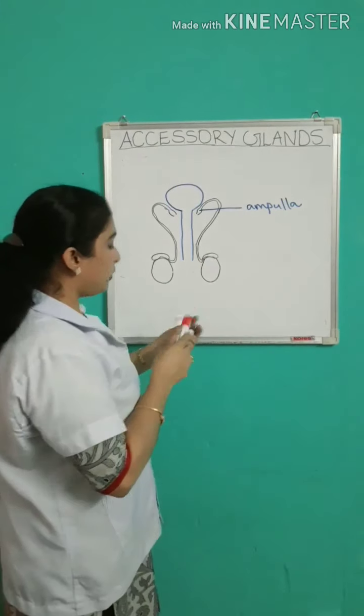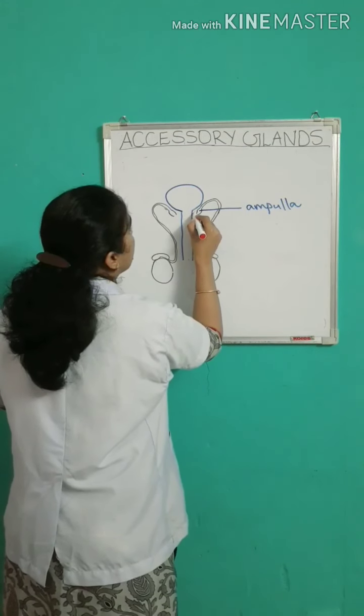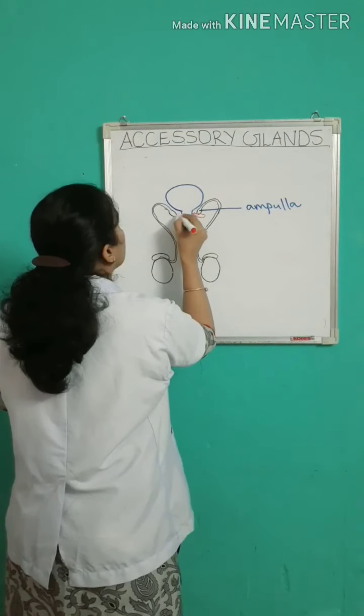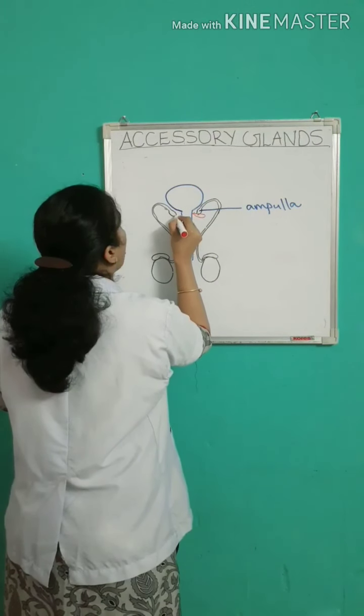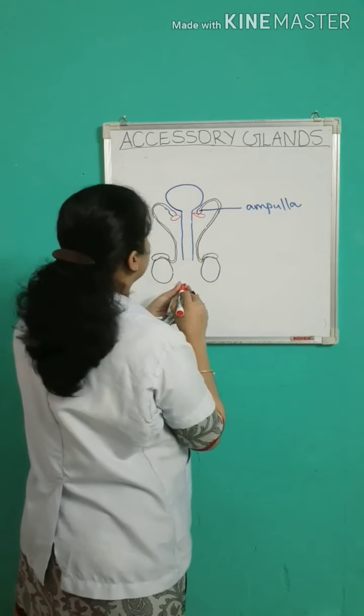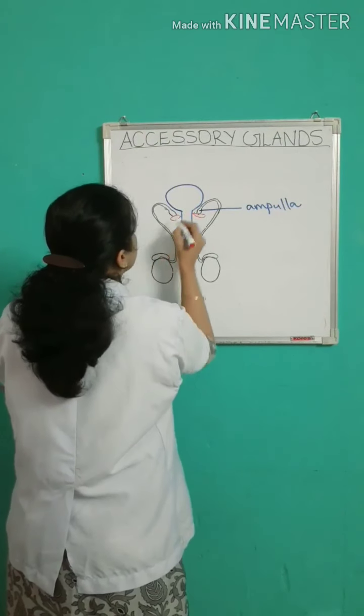And this ampulla opens into the seminal vesicle. So one seminal vesicle you can see over here.